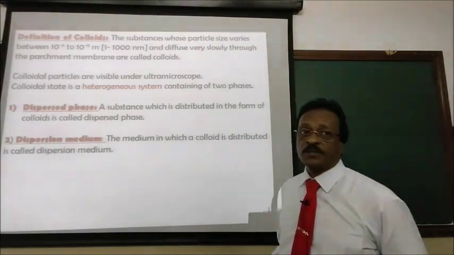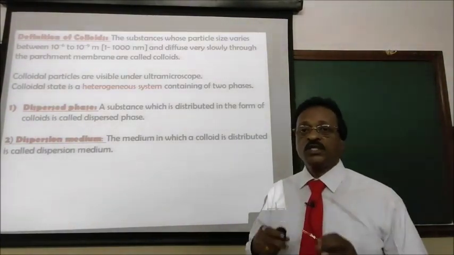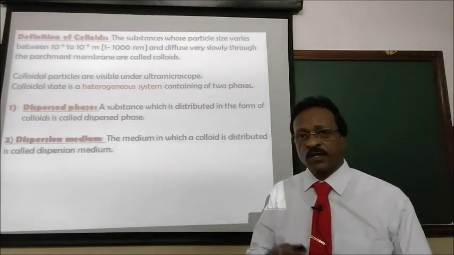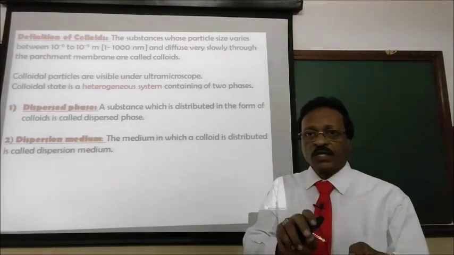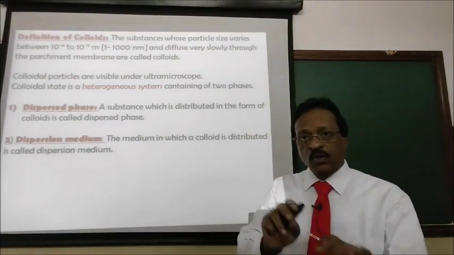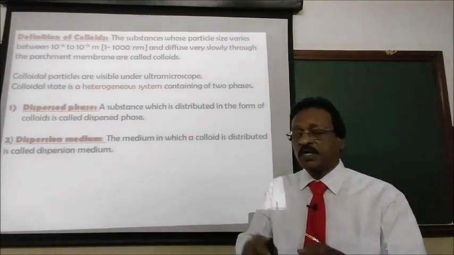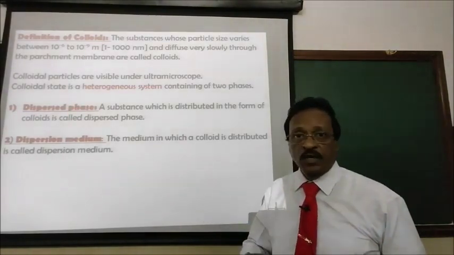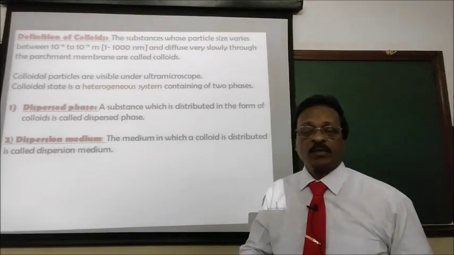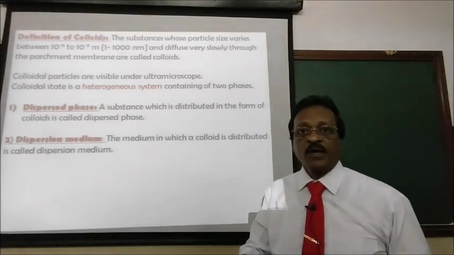What is the dispersed phase? It is any substance which is distributed in the form of colloids, which may be solid, liquid or gas, whose particle size varies between 10 power minus 6 to minus 9 meter or 1 to 1000 nanometer. Those particles are called the dispersed phase. These particles are distributed in a solid, liquid or gaseous medium.